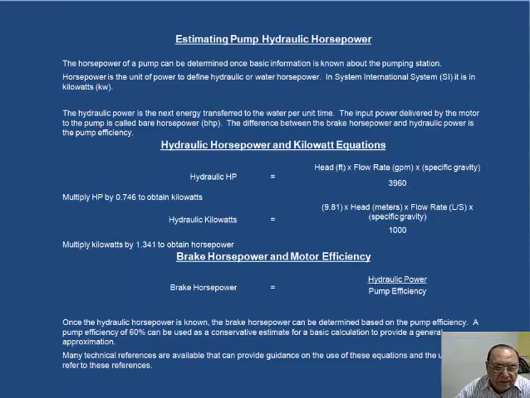This slide actually showing the calculation for the power requirement either with the imperial unit or with the metric unit. This is the formula which we'll have to apply to select our pumps for horsepower.